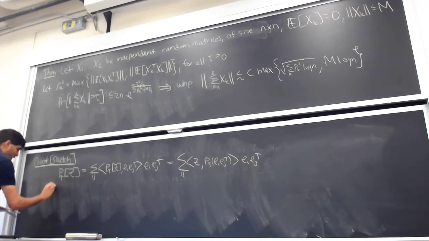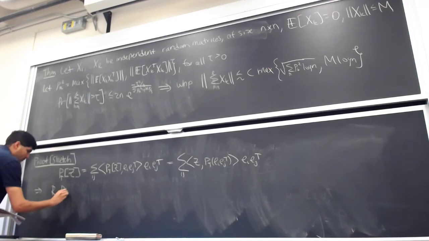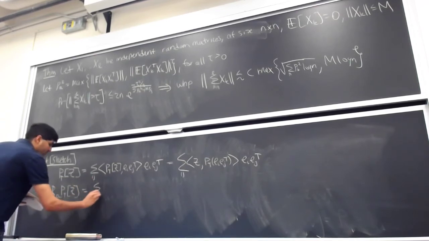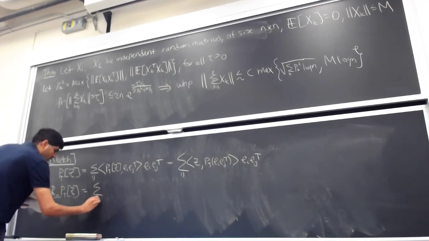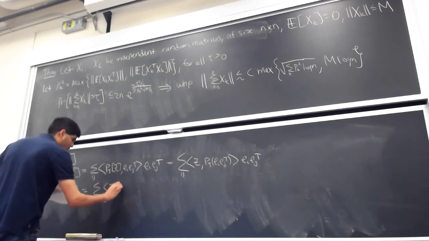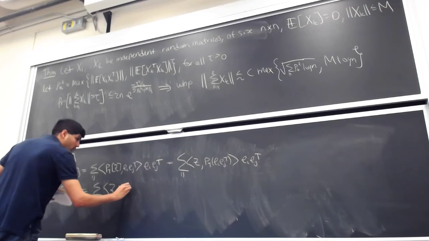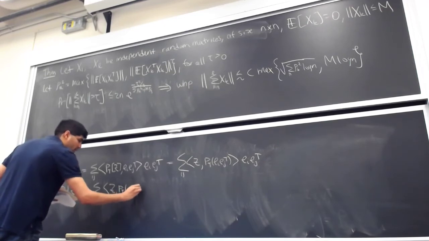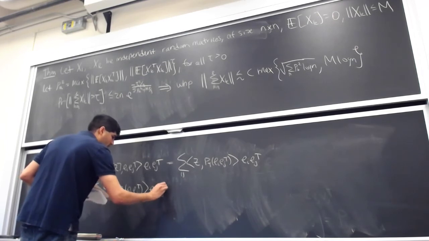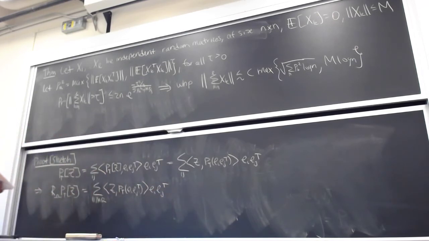Okay. Now I claim R_omega PT of Z has a kind of nice expression. It's the sum over all ij in omega of the inner product of Z and PT of e_i e_j transpose times e_i e_j transpose.